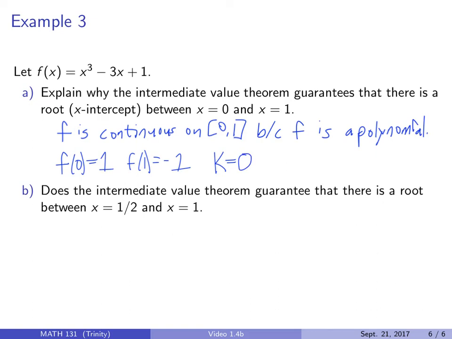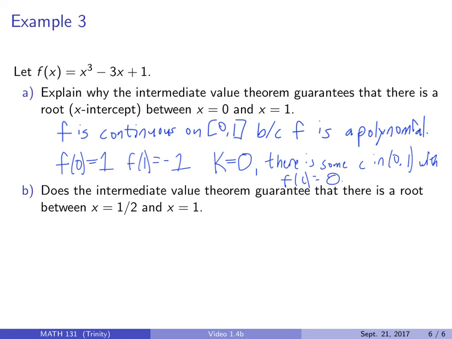And now I can use the intermediate value theorem to say that there is some c in the interval from 0 to 1 such that f of c equals 0. So this c would be the root that I'm talking about here, that's somewhere between 0 and 1. I don't know the exact value of it, but I know that one exists by the intermediate value theorem.